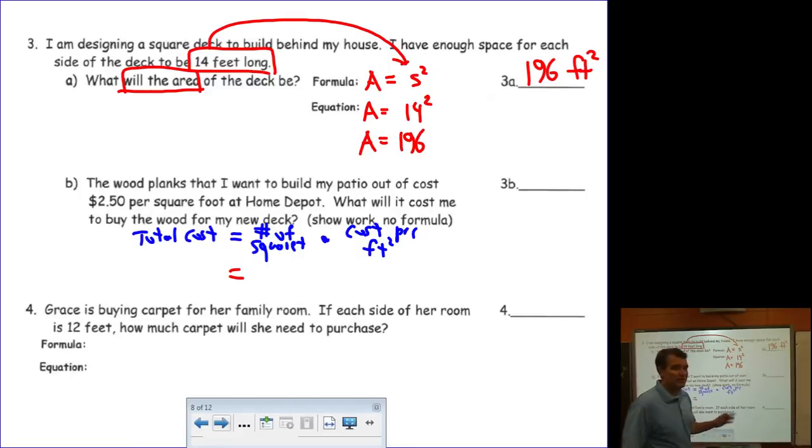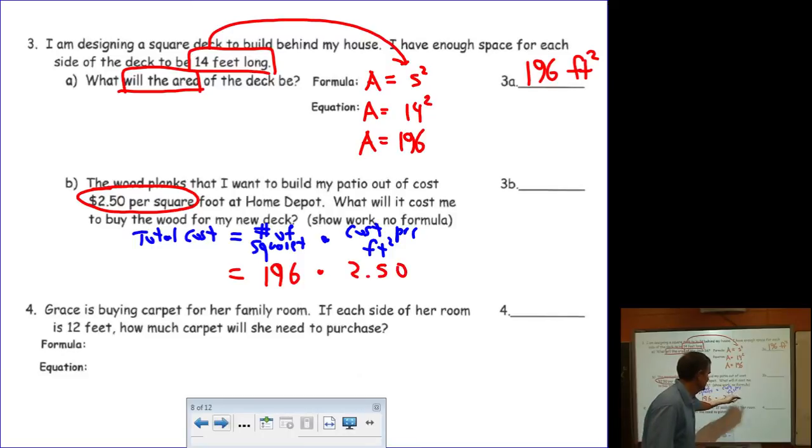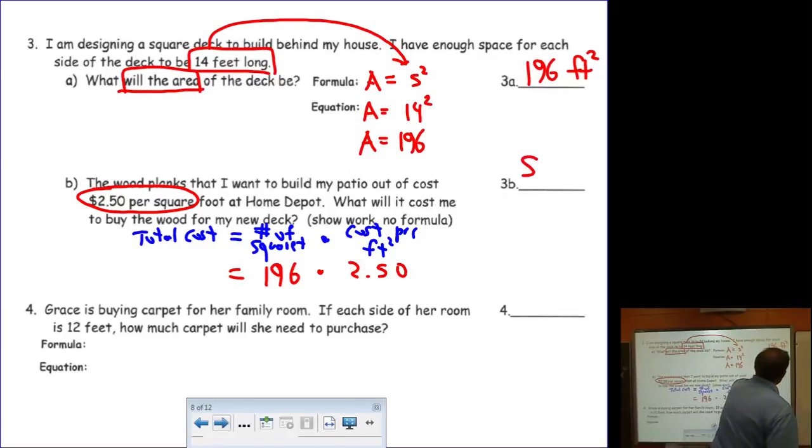I know from the last problem there are 196 square feet. And I know from this problem that each square foot costs $2.50. So if I multiply 196 times 2.50, I get the cost, which is $490.